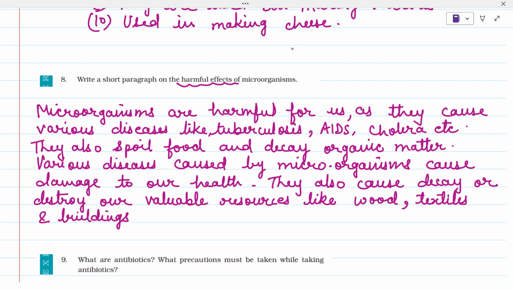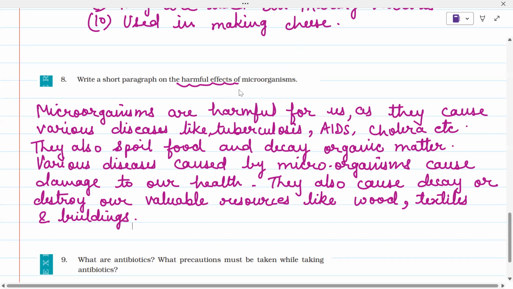So we can say that they are very harmful for us. If you want, you can add few more points, right? You can write about these diseases in detail as well, but here I have written a short paragraph.